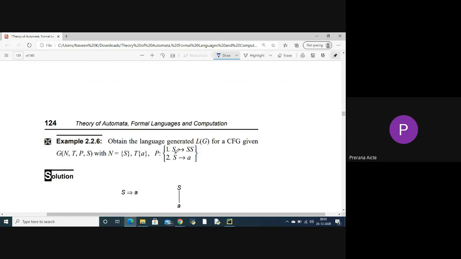Okay, here the question is, obtain the language generated by the given productions.